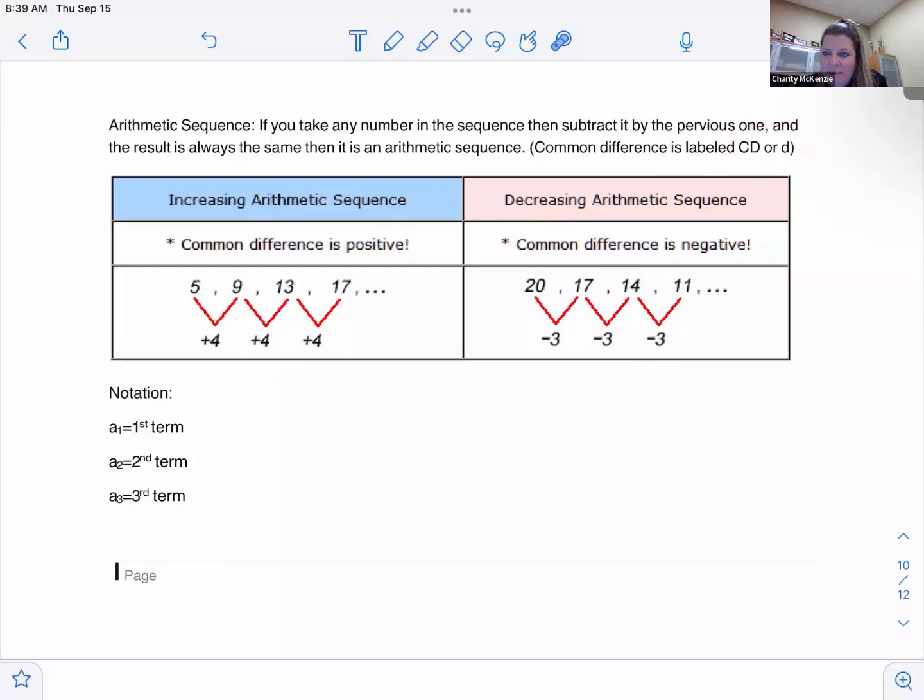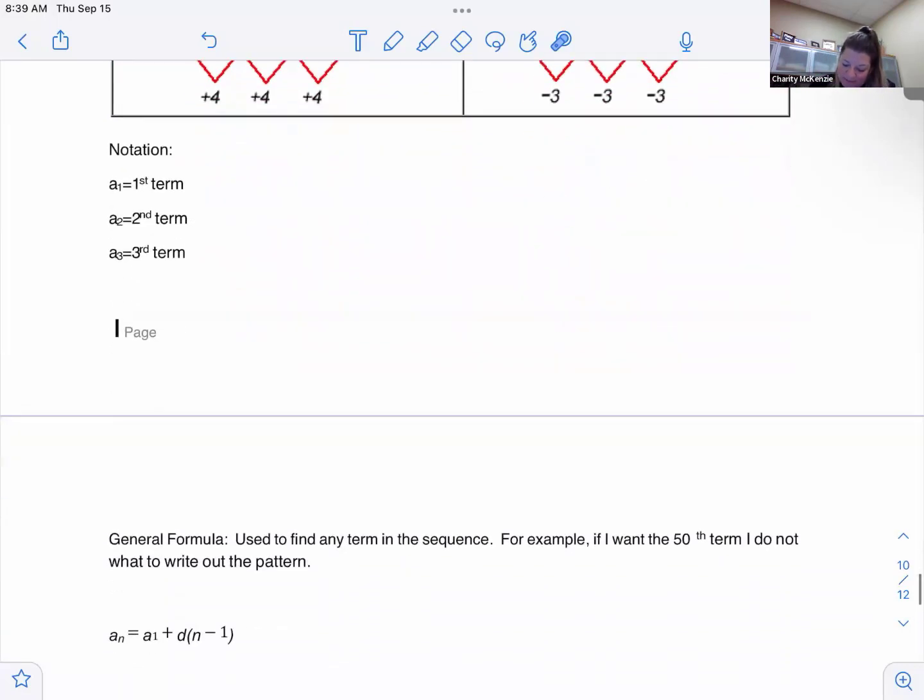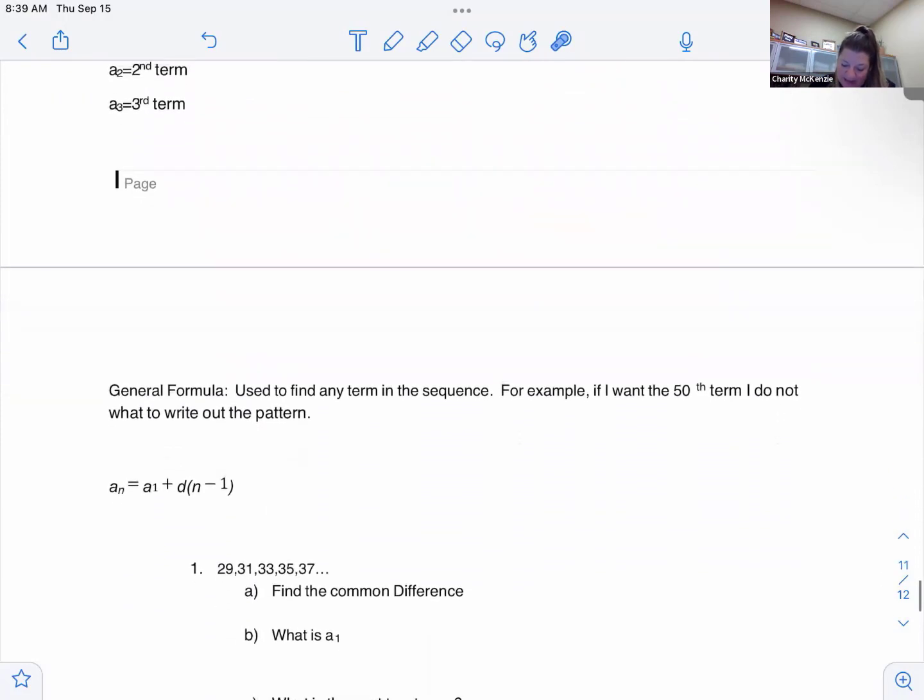It depends. Common difference, just the difference between them. Here's some notation stuff. We let A1 equal that first term in your sequence, A2, A3, A4. So if I wanted A100, I would have to follow the pattern to get to A100. Okay. So that's the general formula. This is the main idea.